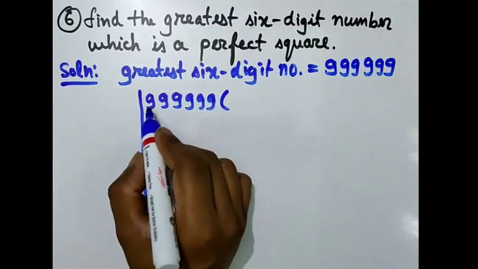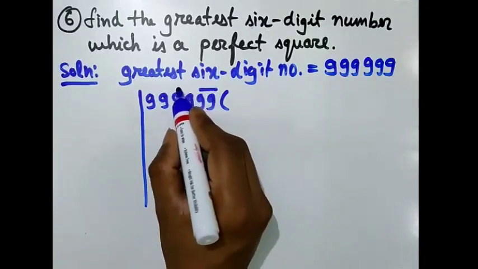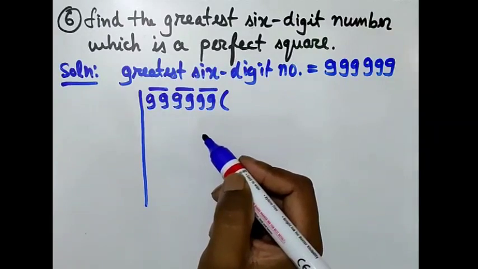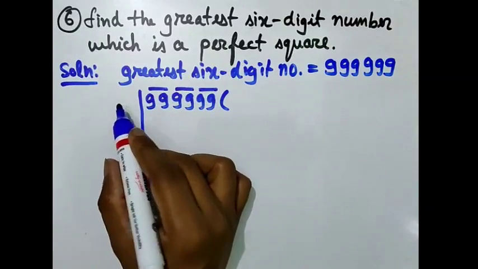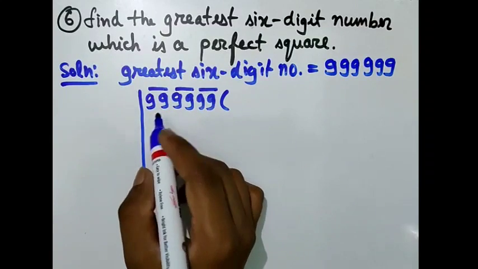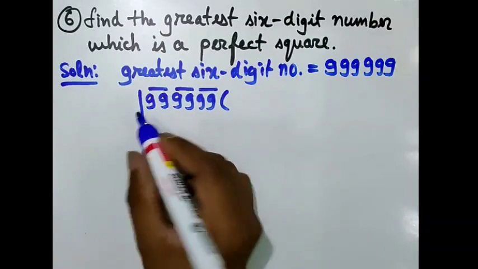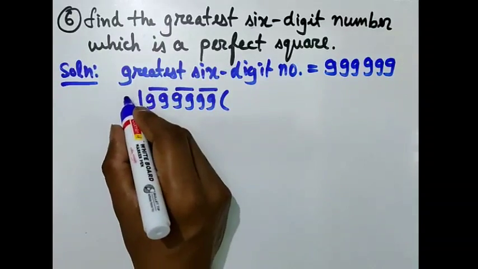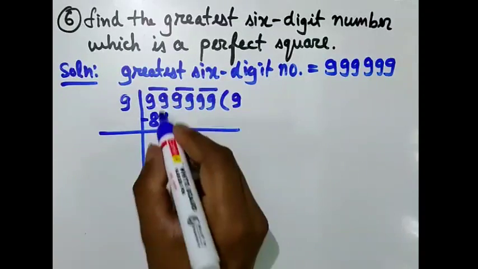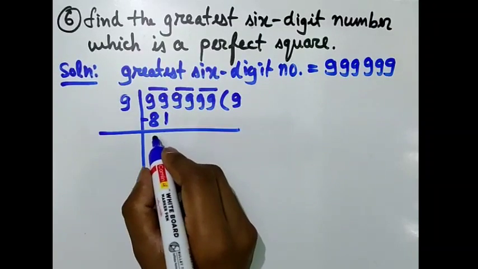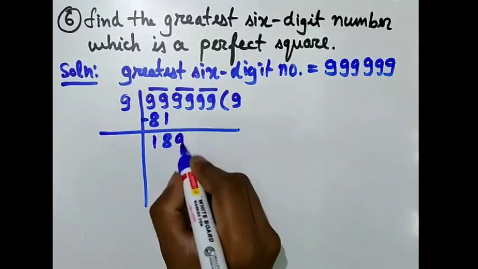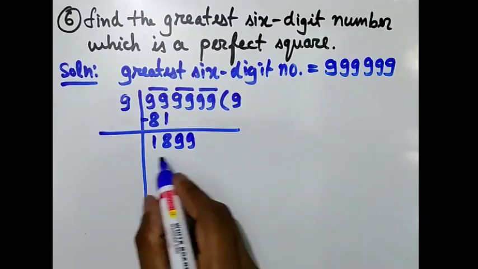Let's pair it. One pair, two pair, another pair. What is the first number that I should multiply in order to get 99 or less than that? 9, right? Because if I do 10, that will be 100. So 9 nines are 81. Let's subtract 81. We'll get 18. Then we bring down the next pair, that is 99, so it becomes 1899.